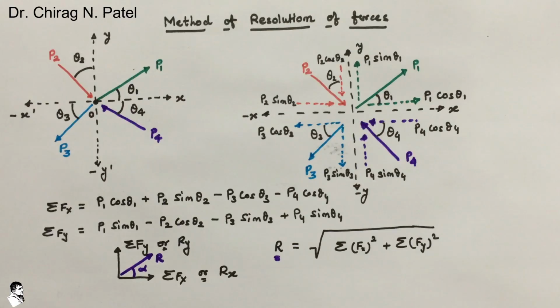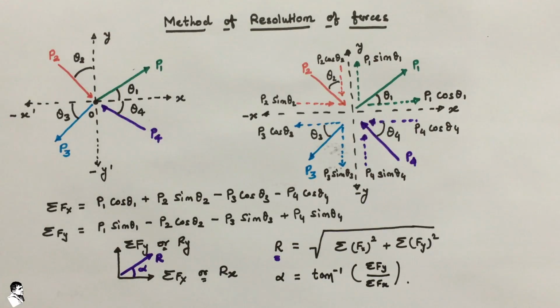For that, the equation is alpha equal to tan inverse of the summation of forces in y direction divided by the summation of forces in x direction. This way we resolve the number of forces, and using these two equations we can find the magnitude of the resultant and the direction of the resultant of the given forces. So this is all about the method of resolution of forces.